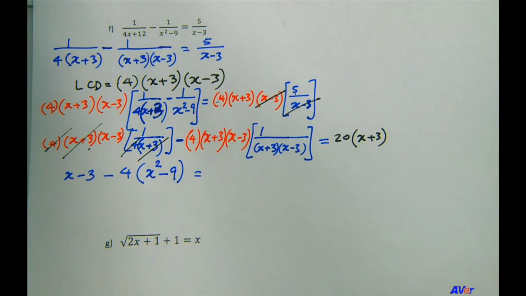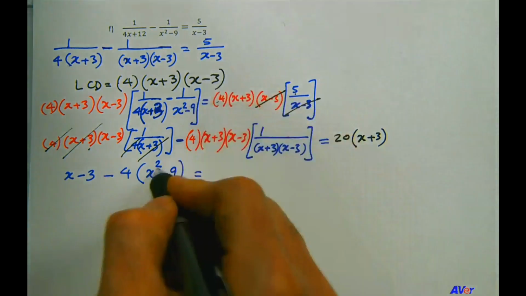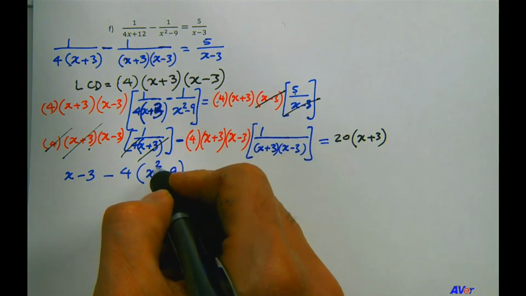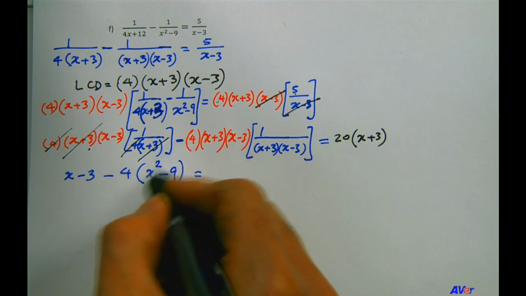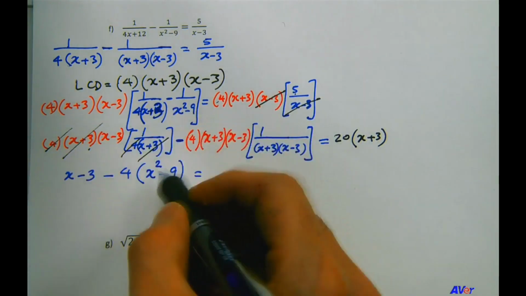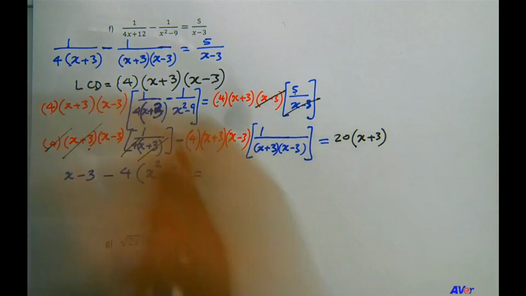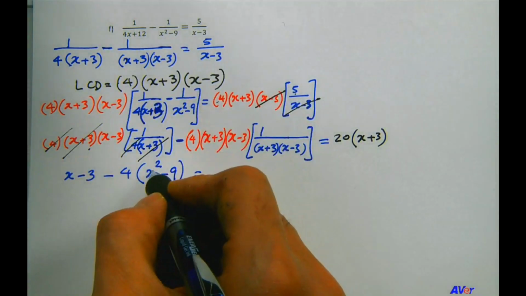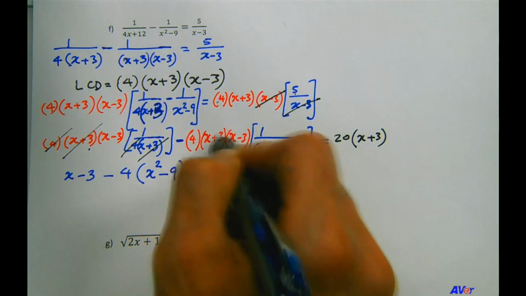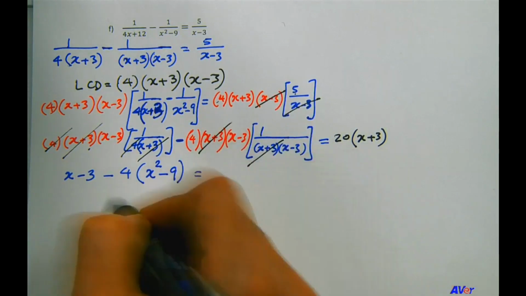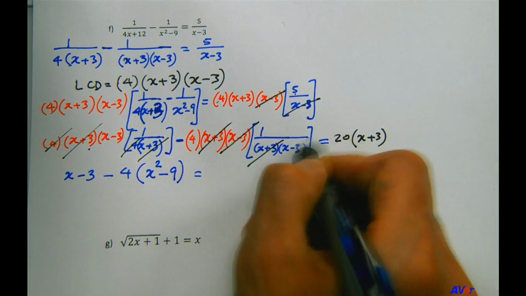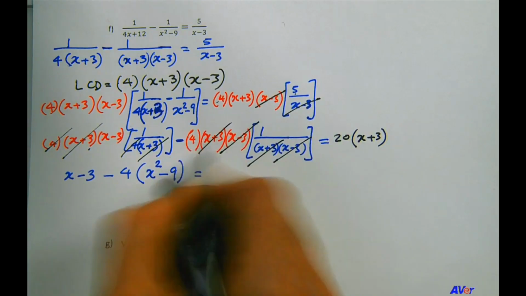I just noticed this. So, no, this is not right. I'm going to erase this when I have a chance to clean this sheet up with my whiteout. But this x plus 3 and this x plus 3 cancel out. X minus 3 and x minus 3 cancel out. So we have minus 4.